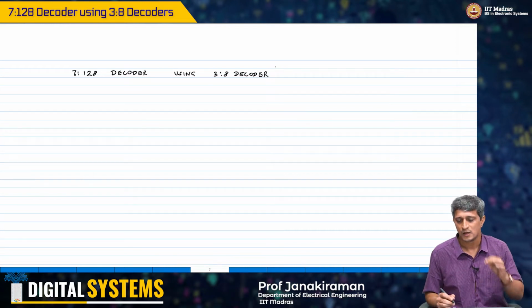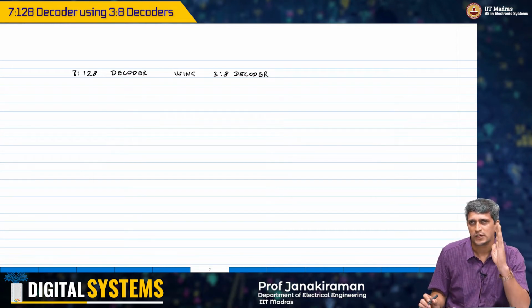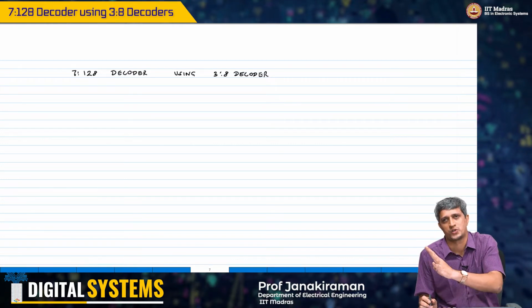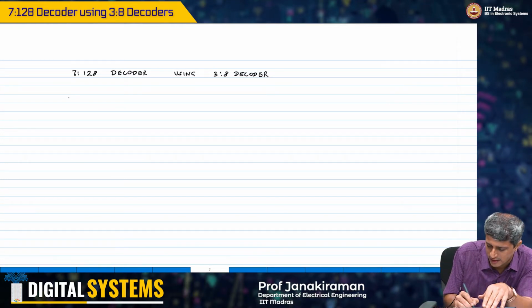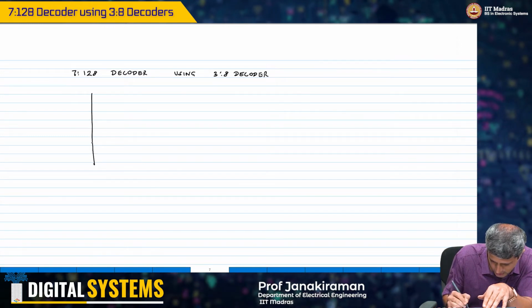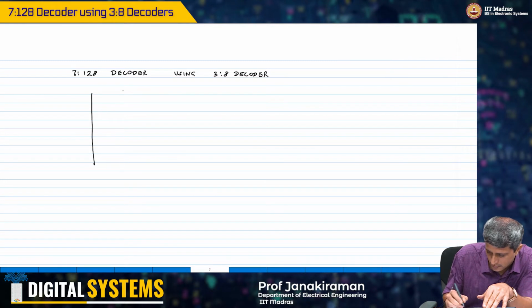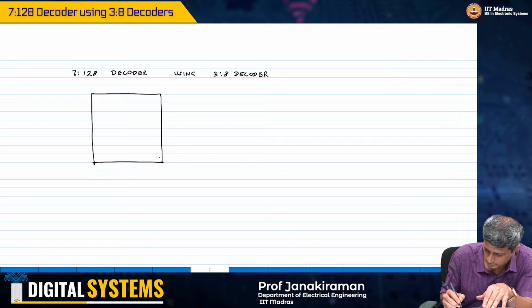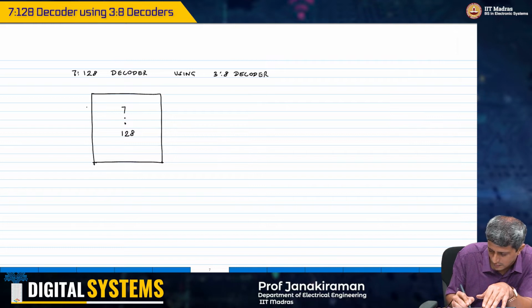Right? So now the first step is, if I want 128 outputs, let's just draw the block diagram first. This is the 7:128. I have 7 inputs, right?